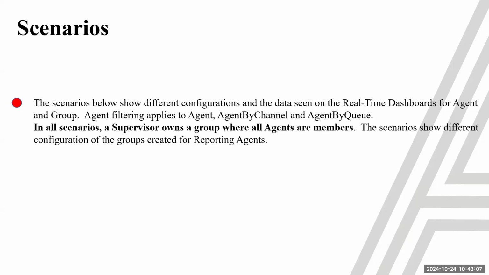If I am the owner of that group, I'm going to be able to see any other agent that shares the ownership with me or any member of that group. And if I am a member of that group, I'm not going to be able to see any other member or any owner of that group.